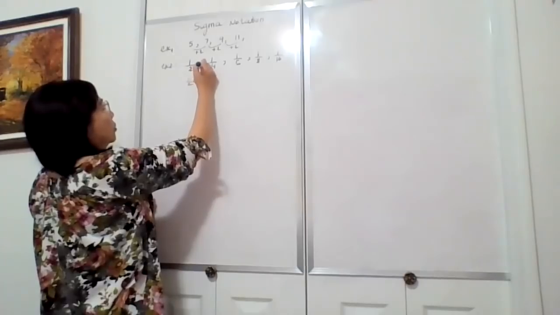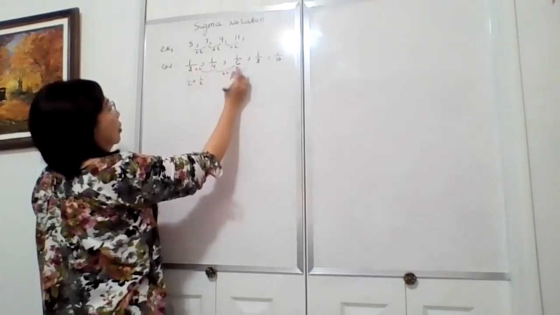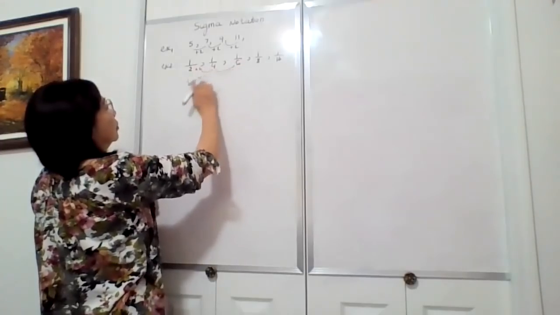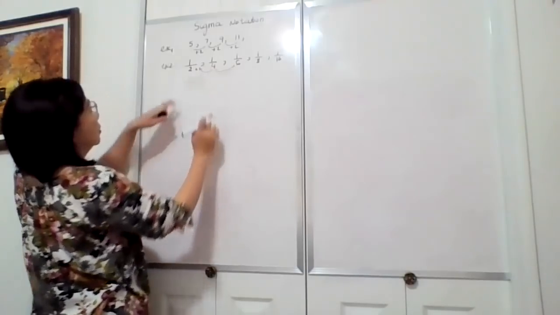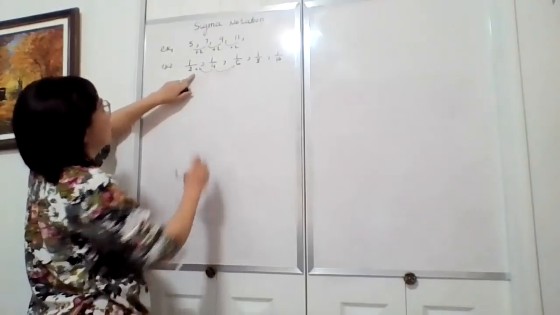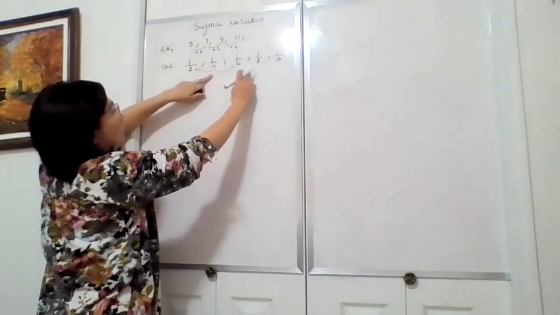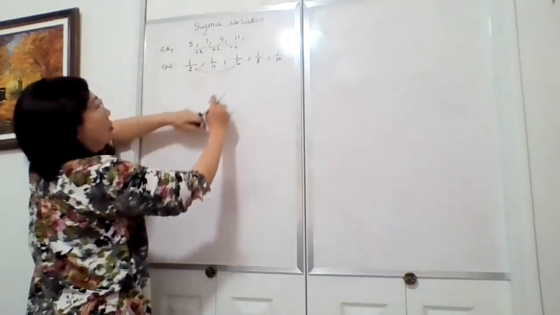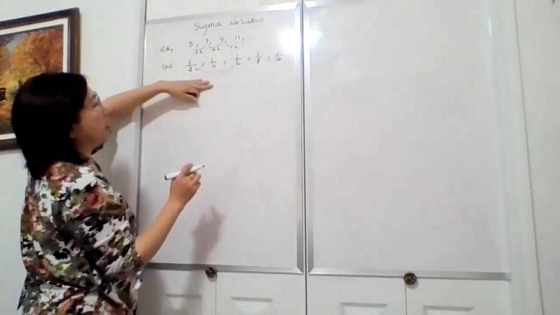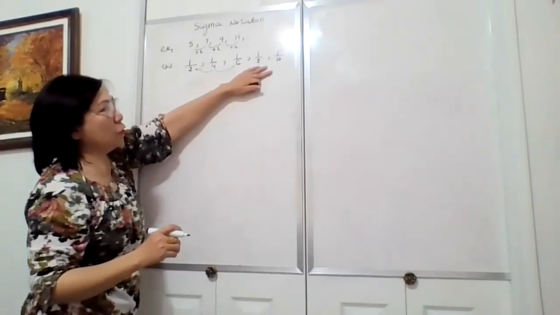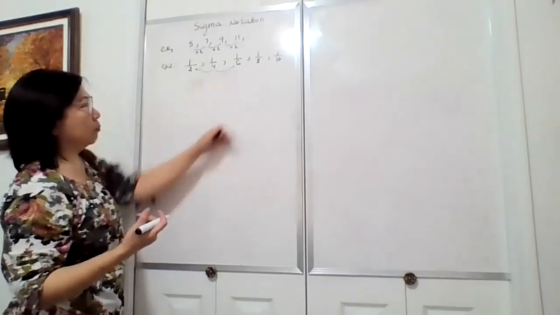The denominators look like 2 times 1, 2 times 2, 2 times 3, 2 times 4, and so on. It is a pattern of multiplication for the denominator, so that's why we call it a geometric sequence.